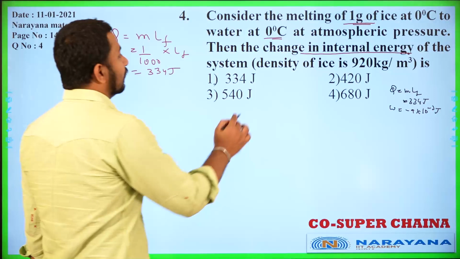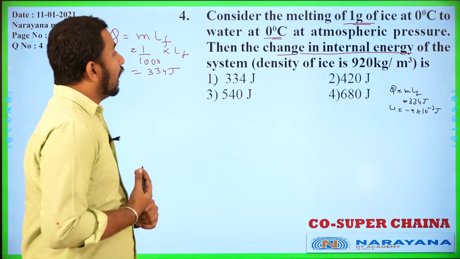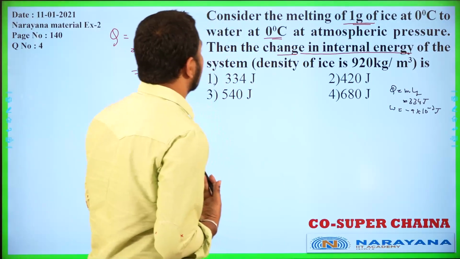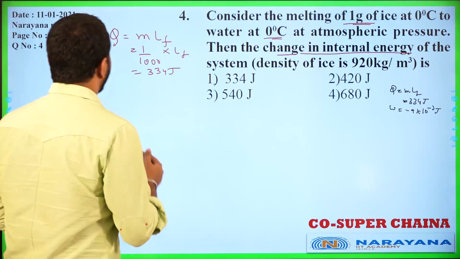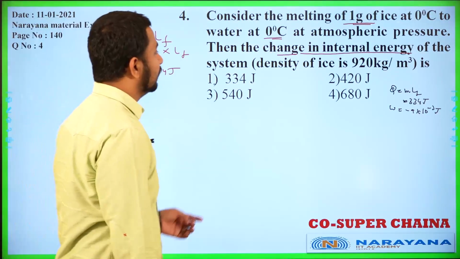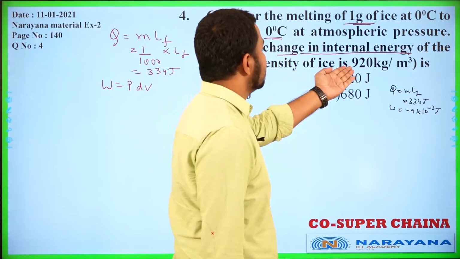Now we have to calculate the change in the internal energy, so we will find the work done. Work done will be P dV. If you substitute the values here, the densities of ice and water are given.